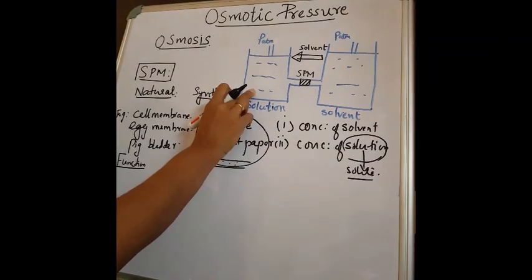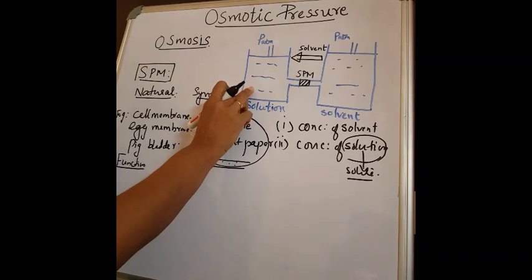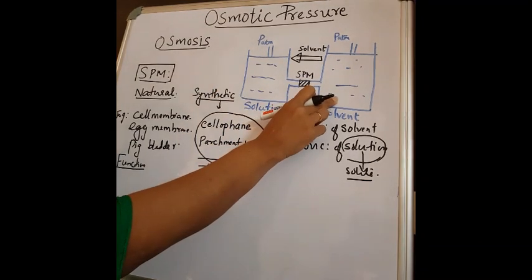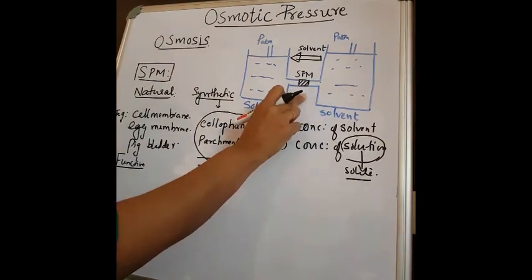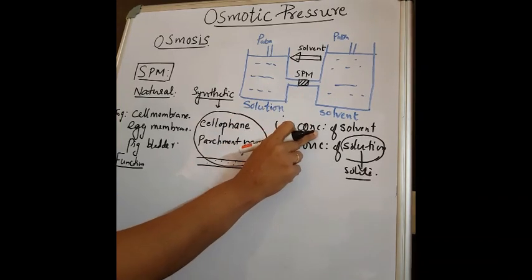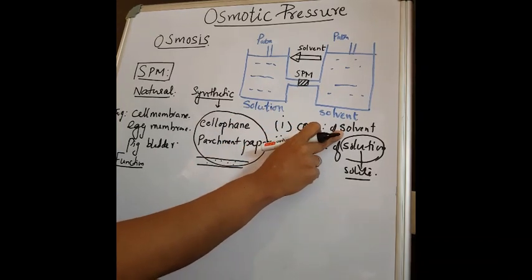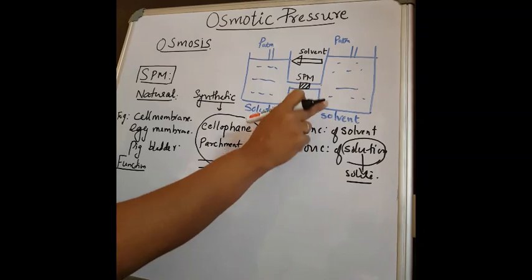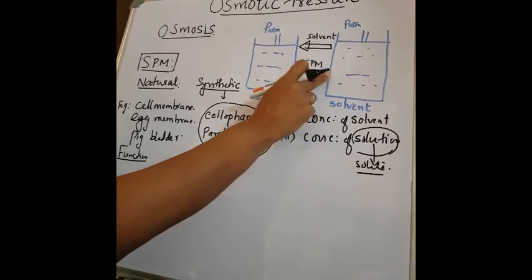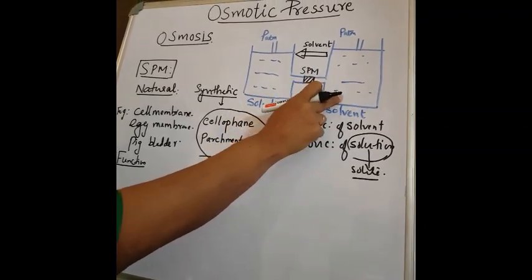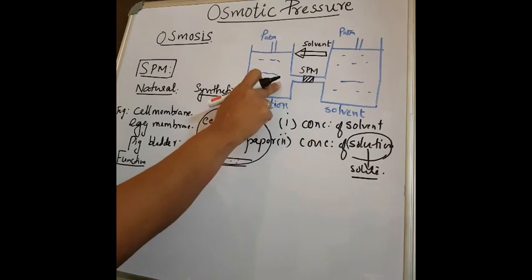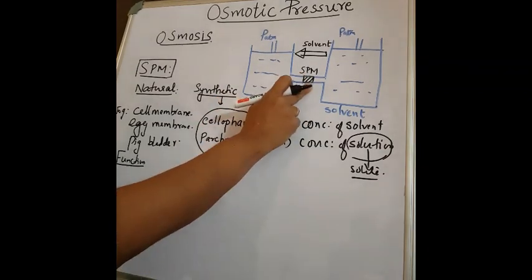Here the concentration of the solvent is lower when compared to this. So you can define it as the passage of solvent molecules from its higher concentration to its lower concentration through a semi-permeable membrane. Got it?